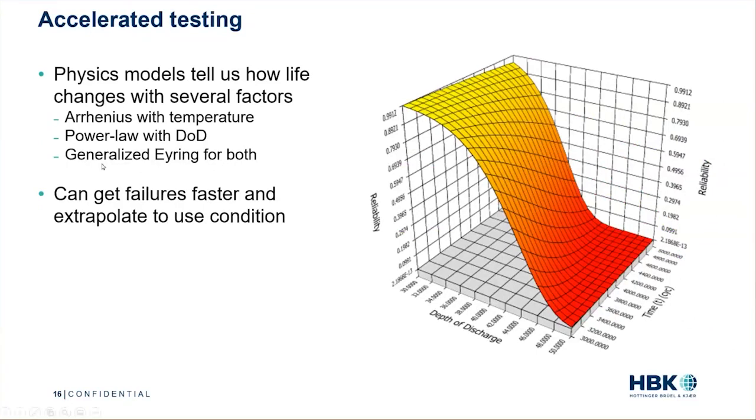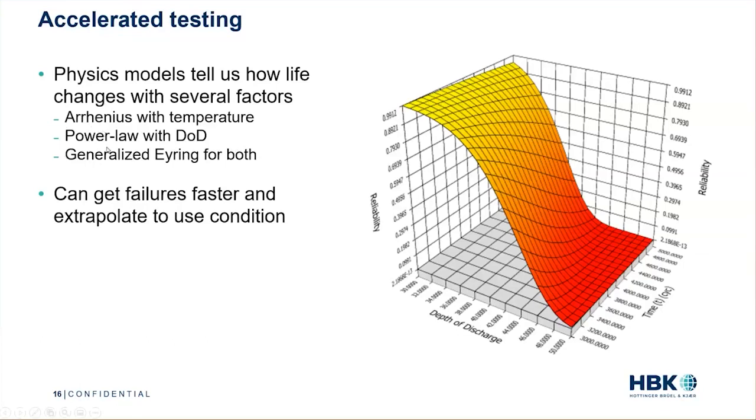Well, you can do some research, and I've got citations for these as well, where you can find, okay, battery life varies with temperature following an Arrhenius relationship, or if we're varying depth of discharge, a power law relationship, or there's one citation I've got here that varies both and proposes a generalized Eyring model.